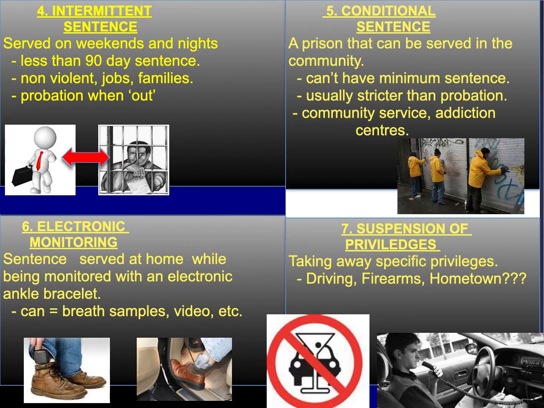The fourth option is intermittent sentence, which can be served on weekends and or at nights. Usually an intermittent sentence means a person is sentenced to jail for less than 90 days, and this is usually done for non-violent offenses, or for job or family considerations. And there is probation when the person is out of jail. So basically, say Joe Doe is in prison Friday night and all throughout Saturday, but he's released on Sunday.